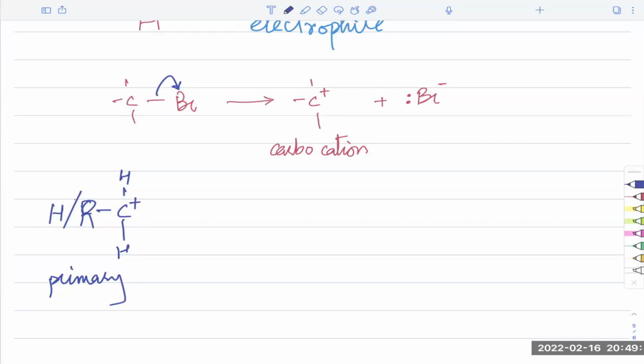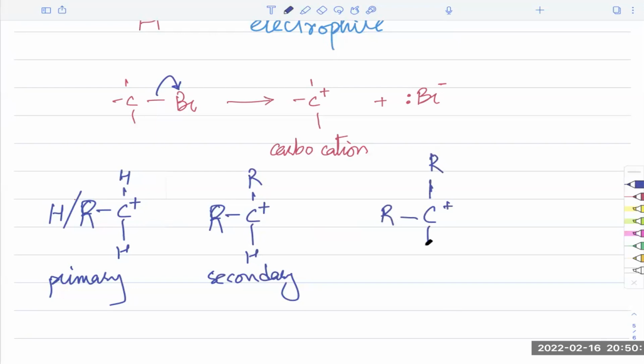So if it has a positive charge, it's a primary carbocation. Now, if this is attached to 2 others, like instead of having a hydrogen here, there's also an R here, a carbon here, we call it a secondary carbocation. And if there are 3 carbons attached to it, we call it a tertiary carbocation.